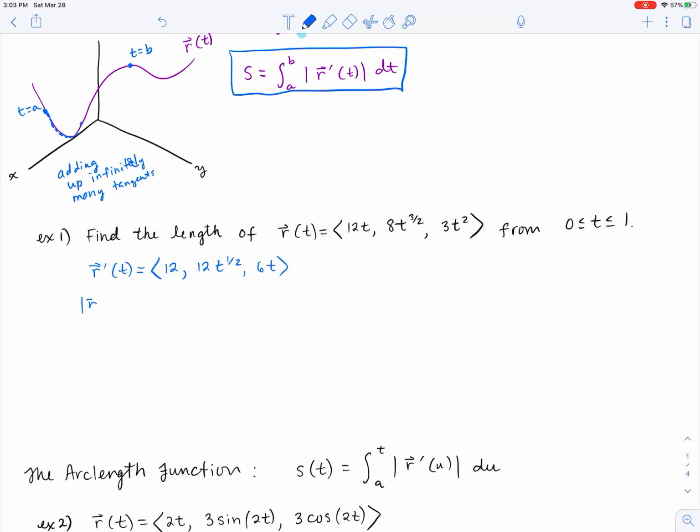Then we're going to need the magnitude of that, which is the square root of 12 squared plus 12t to the 1/2 squared plus 6t squared.